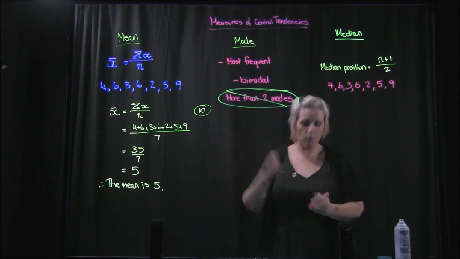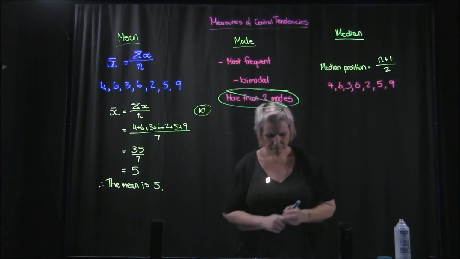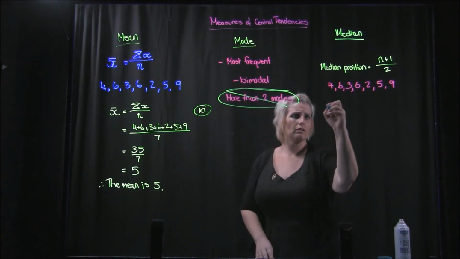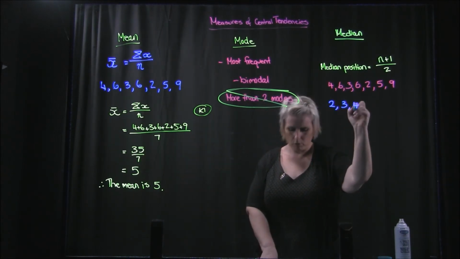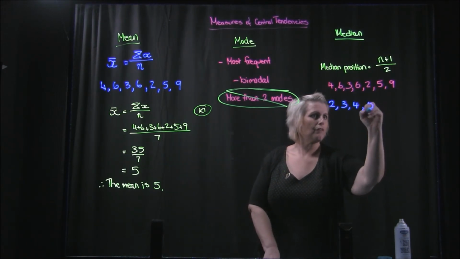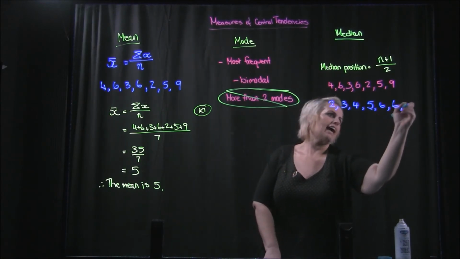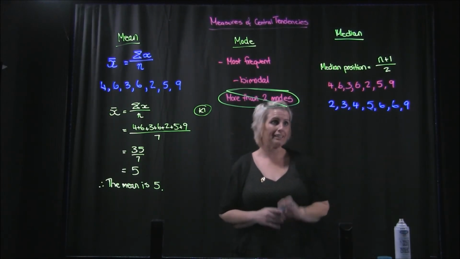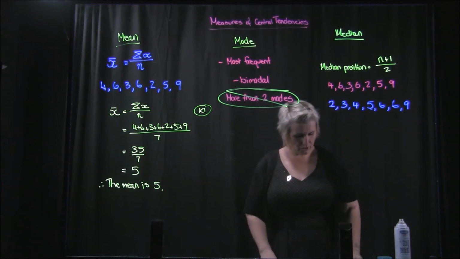So just like from before, step 1 is put the data in order. So 2, 3, 4, 5, 6, 6, and 9. Okay, so now it's in ascending order. I can actually find the median position.